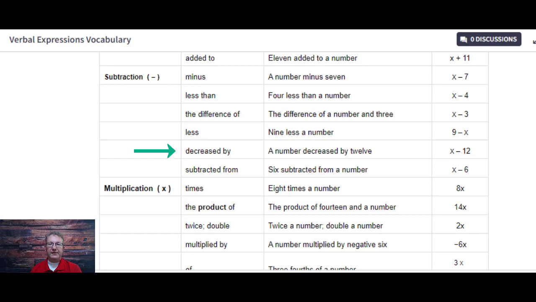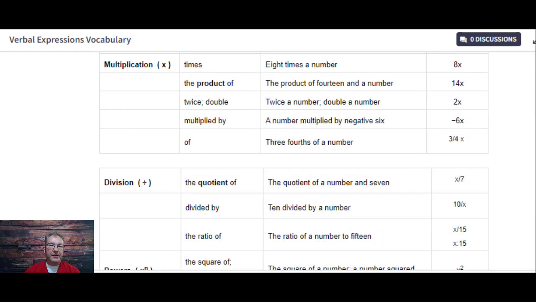Decreased by: a number decreased by 12. Well, the number is the unknown variable, so we're using x, and we're subtracting 12 from it to get x - 12. Subtracted from: 6 subtracted from a number is x - 6. So once again, we're taking 6 and we're subtracting it from this unknown number.